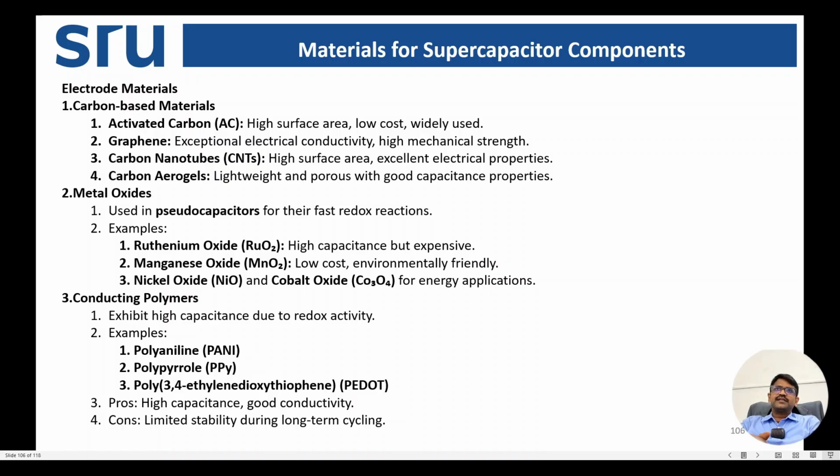The next one is materials for supercapacitor components. We have seen electrodes, electrolyte, separator, right? But now our focus is on electrode materials.